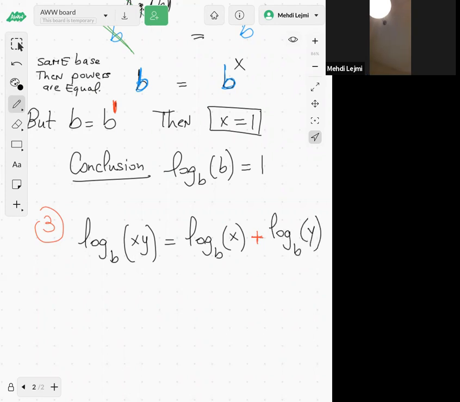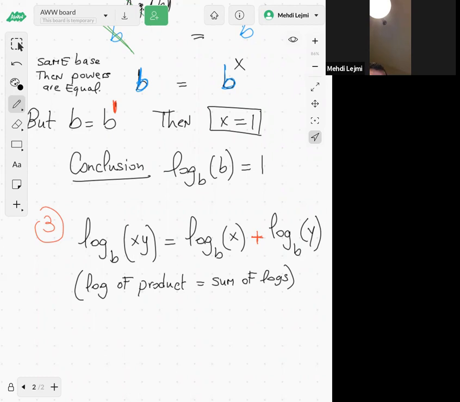So what we are saying here, guys, is that the log of a product is the sum of the logs. And you may ask why this is true. Well, that's because of the definition of a log, because it's the inverse of the exponential.